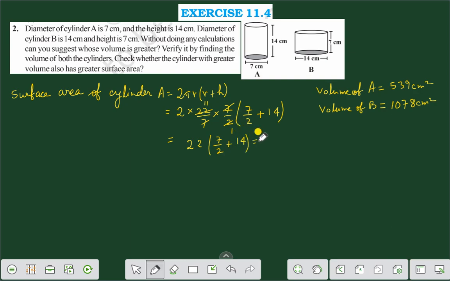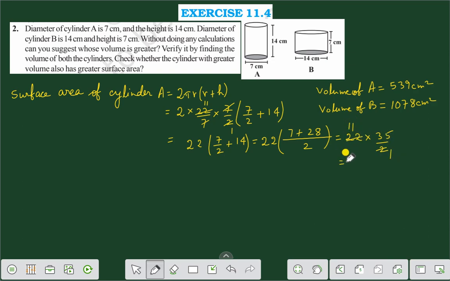That we are getting 22. We find the LCM as 2, that is 7 plus 14 times 2 is 28. That means we are getting 22 into 28 plus 7, that is 35 by 2. 2 on 22 is 11.